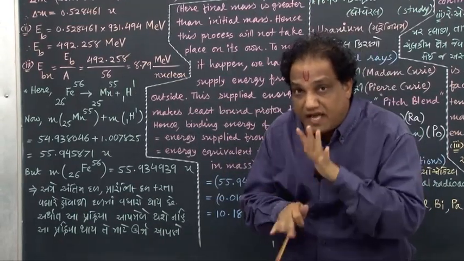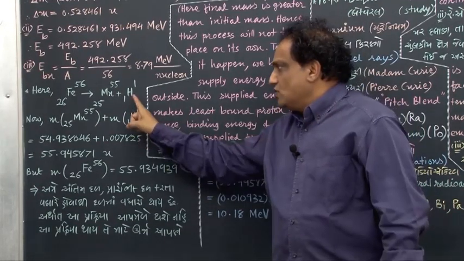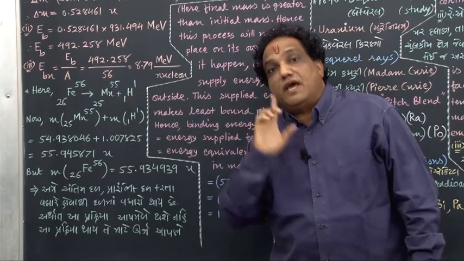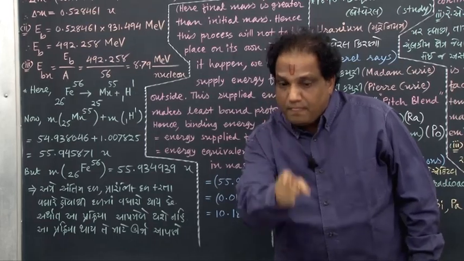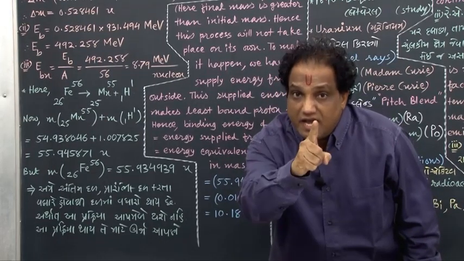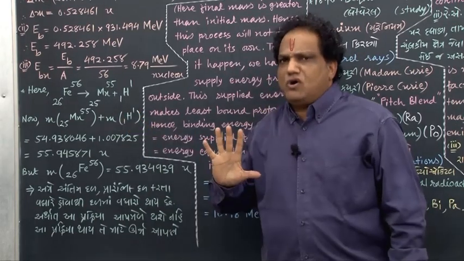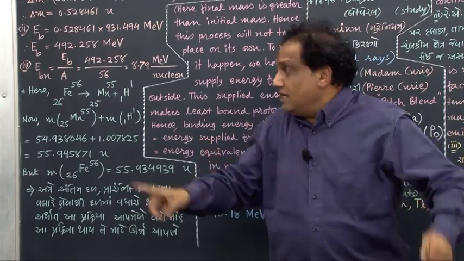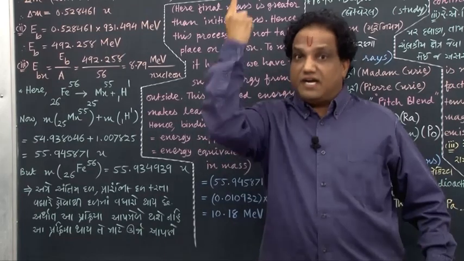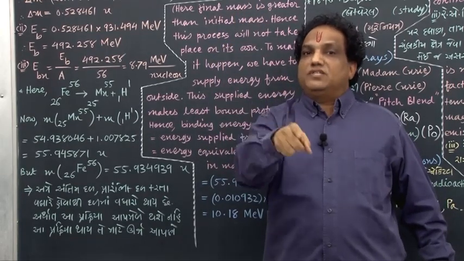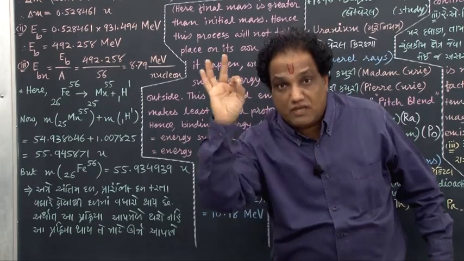But once you supply that energy with the minimum value, it so happens that the most loosely bound proton is getting emitted, correct? So, whatever energy you are supplying must be the binding energy for that liberated proton, because unless you supply that energy, that proton remains very much bound, and as soon as you supply that energy, it gets freed. So, that supplied energy gives you the binding energy of that proton, which is most loosely bound.